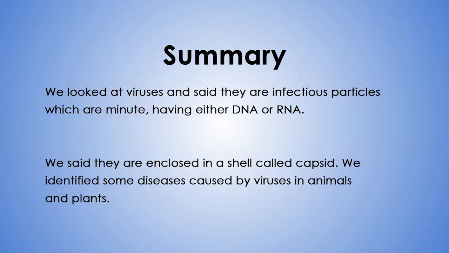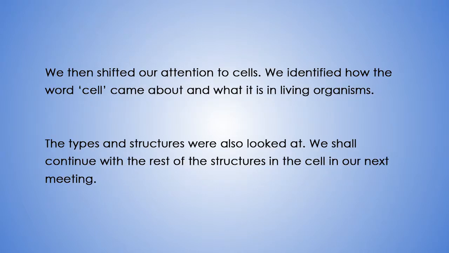We identified some diseases caused by viruses in animals and in plants. We then shifted our attention to cells, and we identified the position of cell with reference to living organisms. The types and structures were also looked at. We shall continue with the rest of the structures, that is the organelles, in the cell in our next meeting.